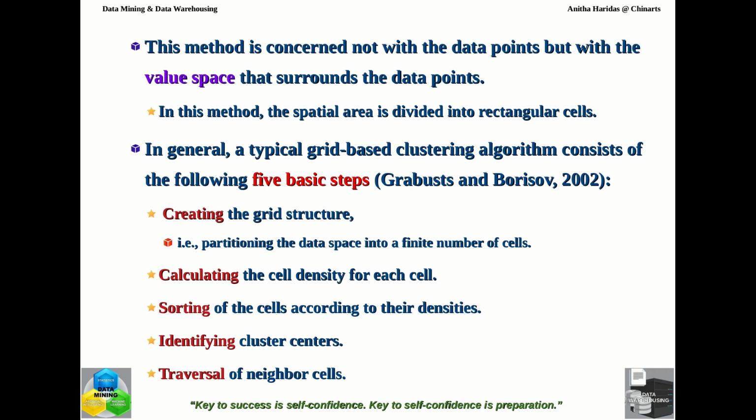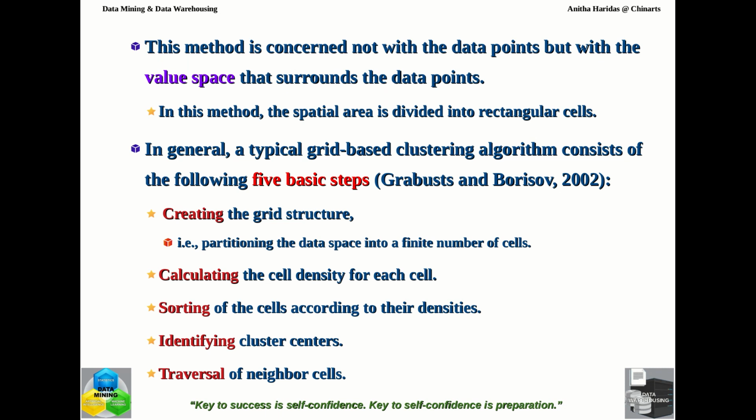So sorting the cells according to their density will be done. Then identify the cluster centers, right? Suppose after sorting the cells, whether you want to combine more than one cell or keep the cells separately, that can be decided in the identification.